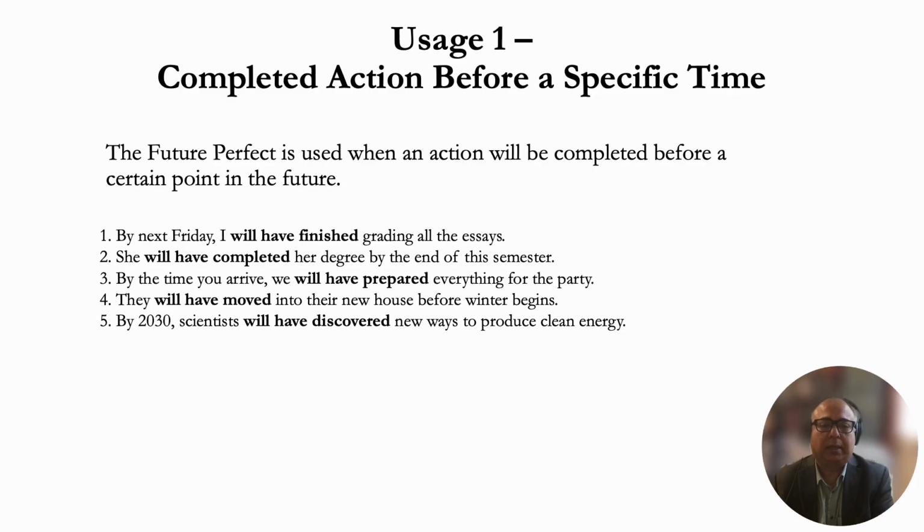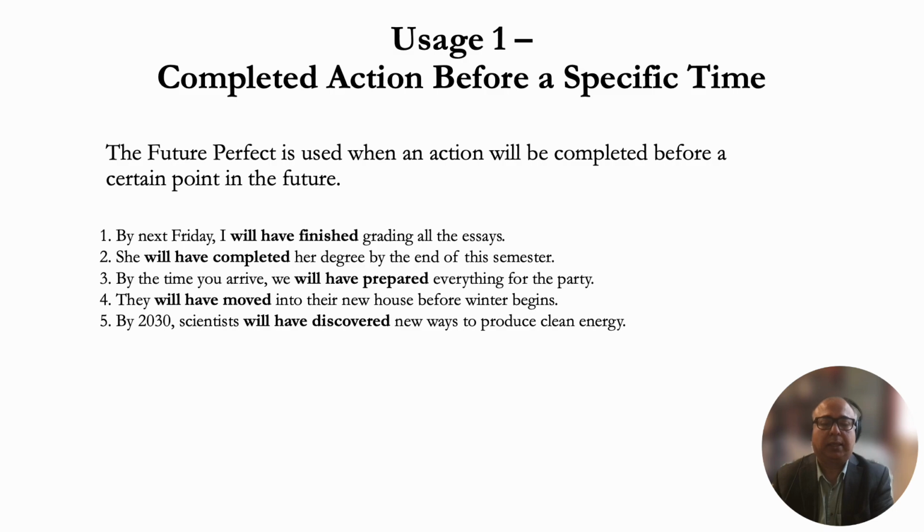All right. So when do we use it? When do we use the future perfect tense? When an action is completed or will be completed before a specific time, right? So there are 5 sentences. I've highlighted the verbs. By next Friday, that's the time expression. When?